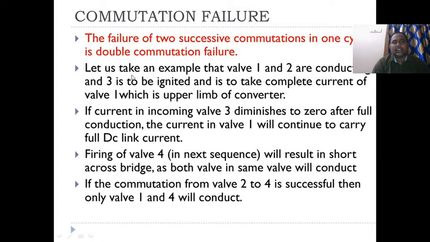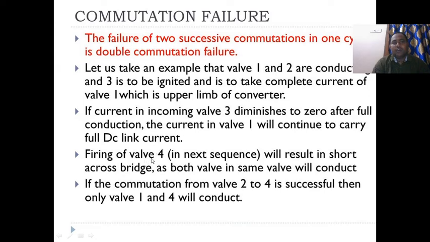Let us take an example where valves 1 and 2 are conducting and valve 3 is to be ignited to take the complete current of valve 1, which is the upper limb of the converter. If the current in incoming valve 3 diminishes to 0 after full conduction, the current in valve 1 will continue to carry the full DC link current.